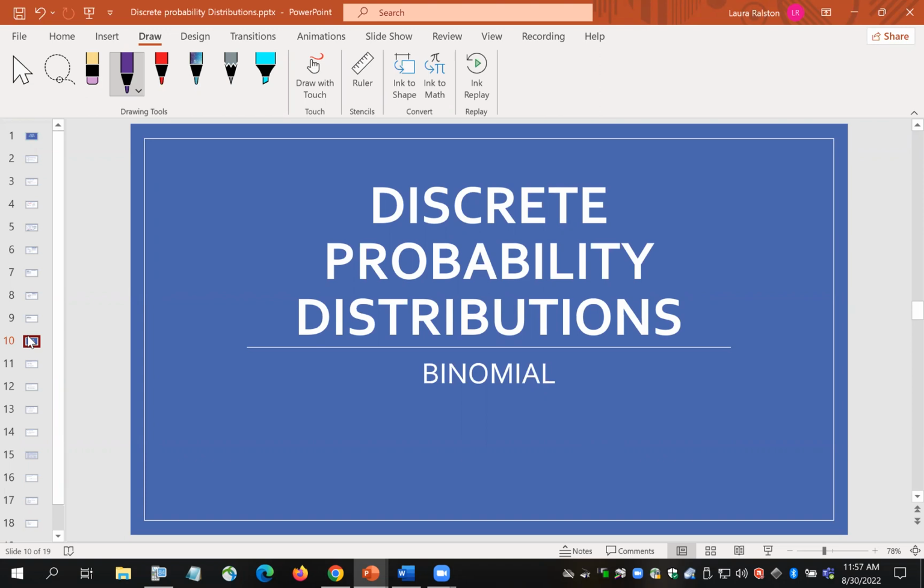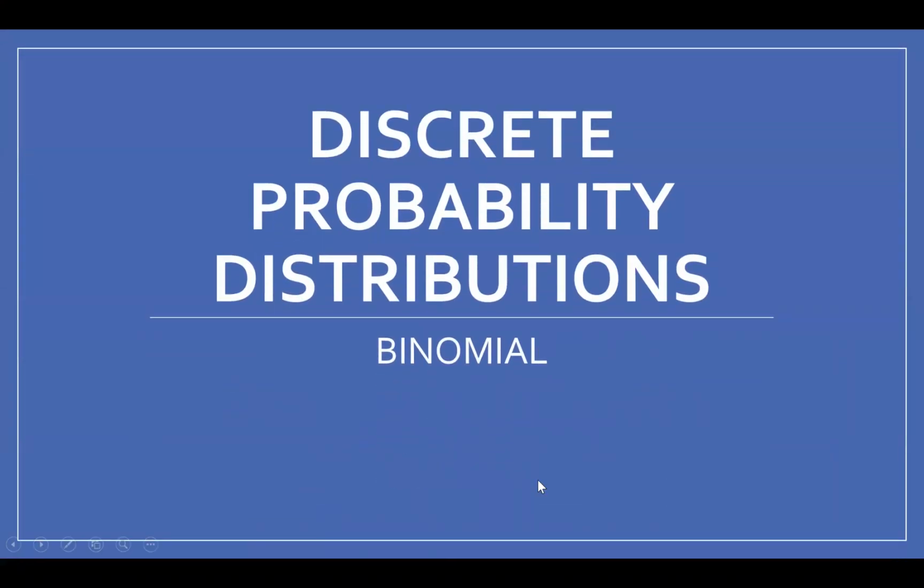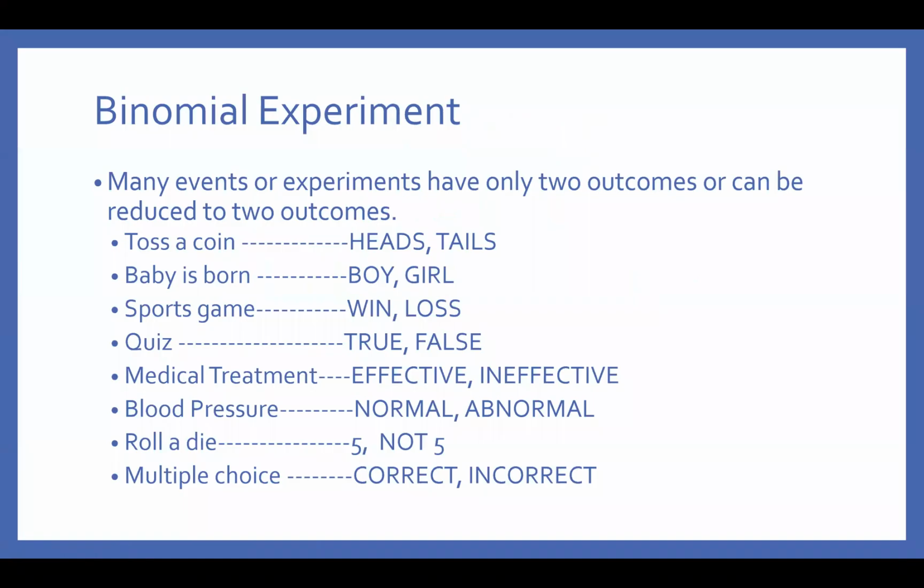And so I want to give you some examples of where we can use a discrete probability distribution, specifically a binomial. Again, there's lots of events or experiments where you have just 2 outcomes, or we can, in a sense, force or reduce it to 2 outcomes. This morning we've talked about tossing a coin, heads, tails. A baby is born.